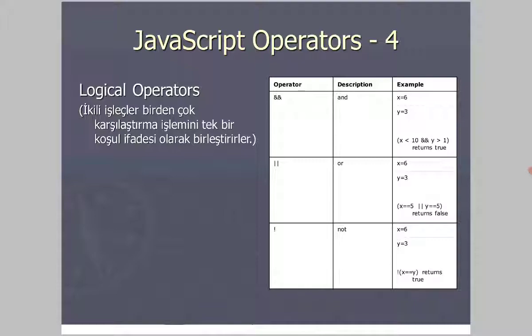What are relational operators and what are logical operators? In relational operators, we compare two values or variables or expressions or a combination of them, whereas logical operators are used to compare two or more conditions by using and, or, not operators. And means double ampersand, or means double pipe, not means exclamation symbol.